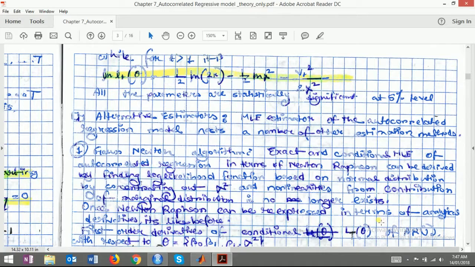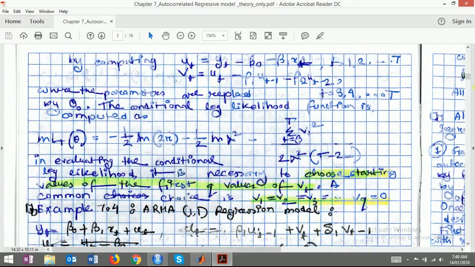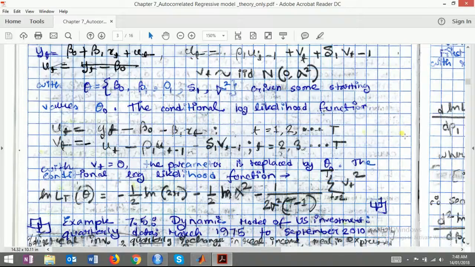While for t greater than 1, the log likelihood function is the following: for t greater than 1, the log likelihood function is v squared by 2 sigma square. Very simple. So the log likelihood function at t equals 1 is the case here.